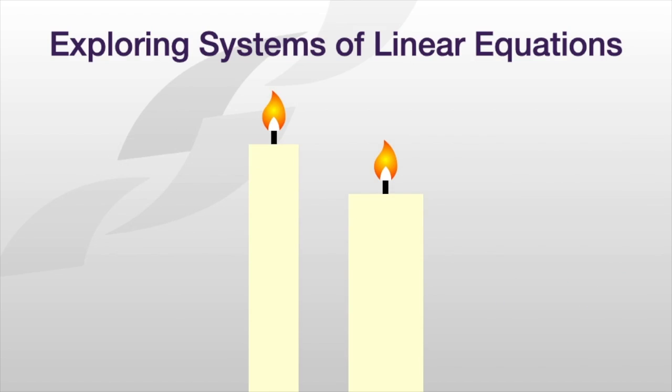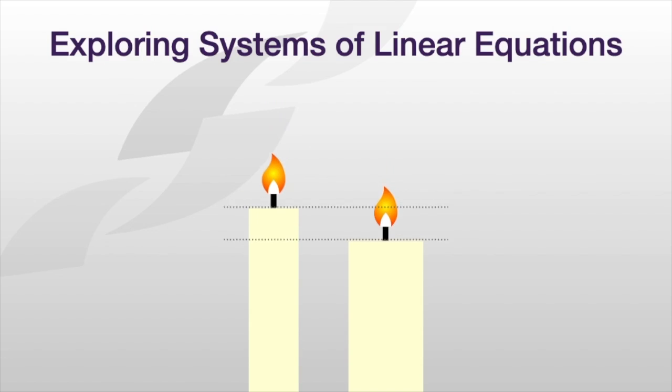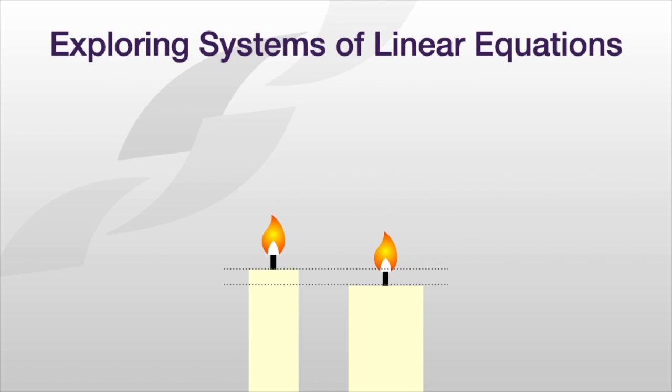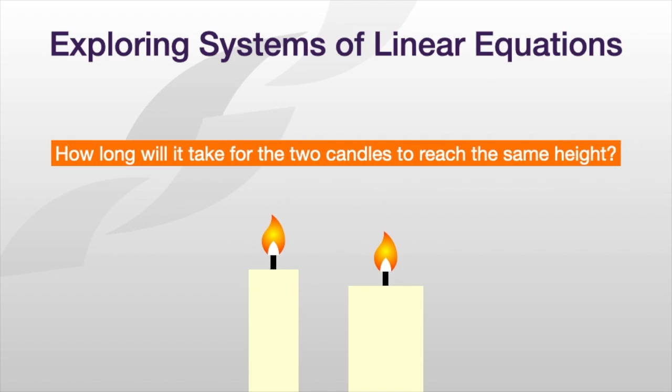You might have noticed that the candle on the left is taller. You might have also observed that the candle on the left is burning faster than the candle on the right. The difference between the two heights is decreasing. You might have wondered, how long will it take for the two candles to reach the same height? This is the question that we'll be investigating.